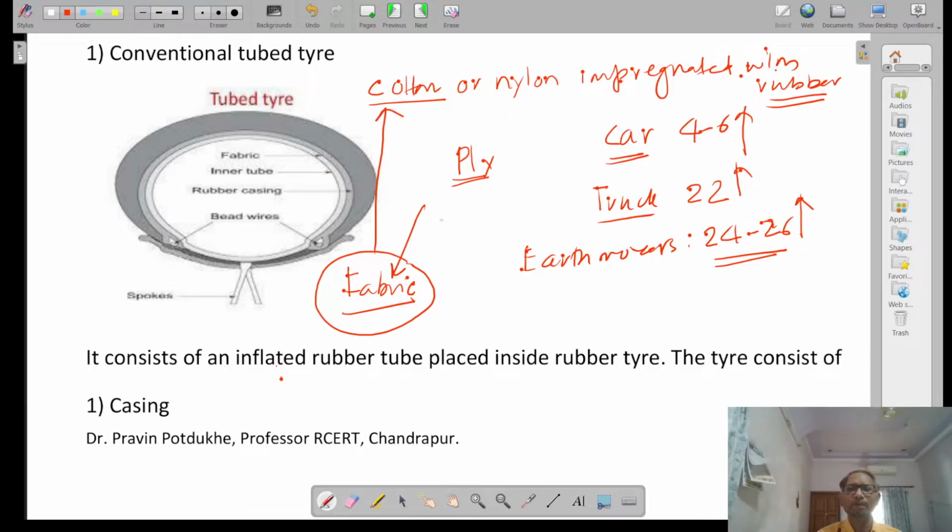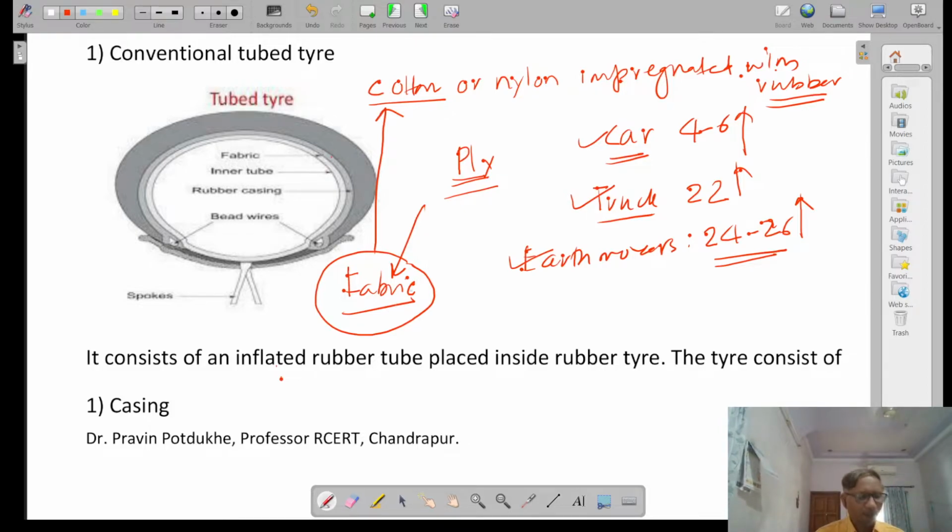The number of plies is 4 to 6 for a car, 22 for a truck, and 24 to 26 for earth movers. When we increase the number of layers, that is plies, the strength of the casing, the tire, increases.